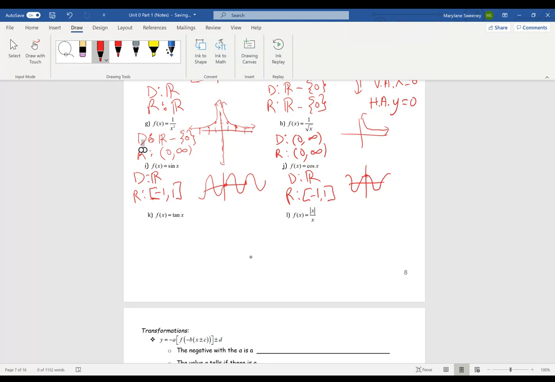Now your tan graph has a pi over 2 asymptote. In the middle here is where you're down at -1. The middle here, you're up at +1.